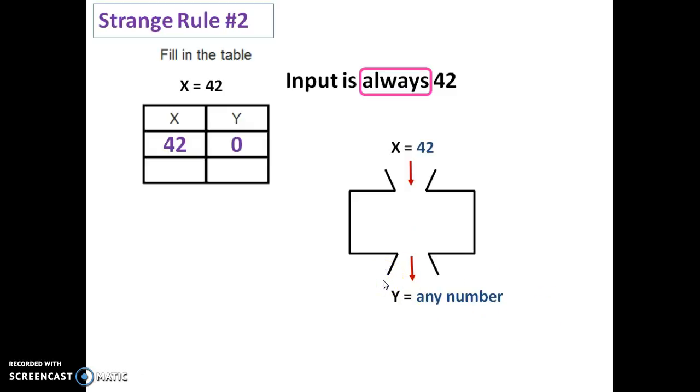We could get 0 back, or if we put in 42, we could get an output of 17, or negative 7, or 103.4. No matter what happens here, though, because we have x equals, that means our input always has to be 42.